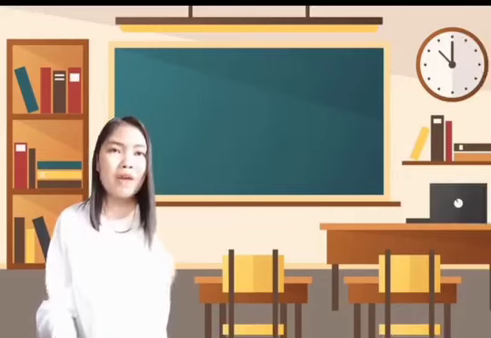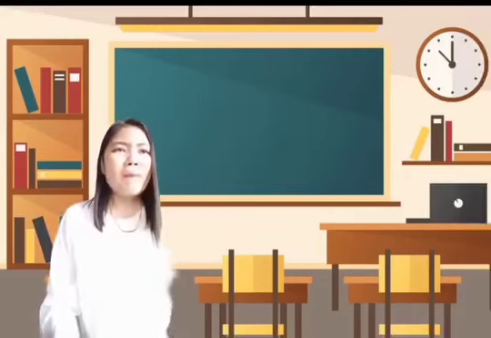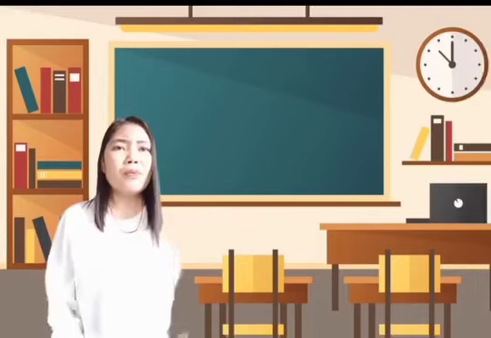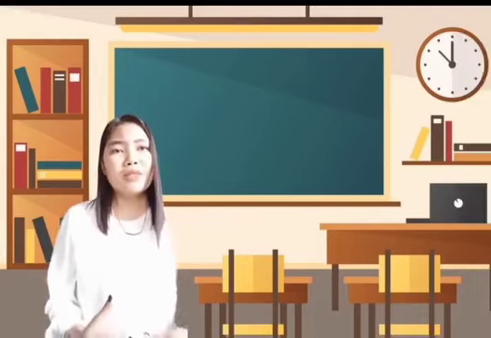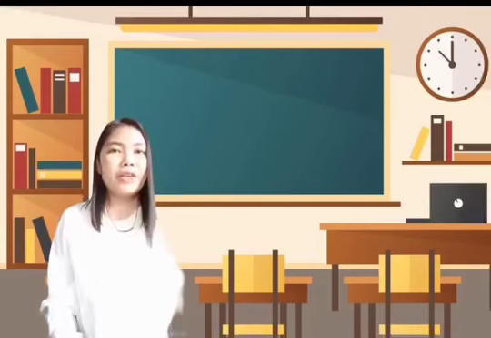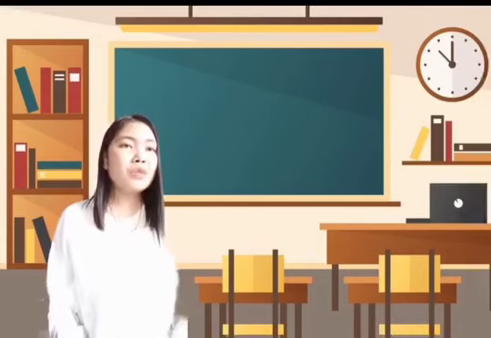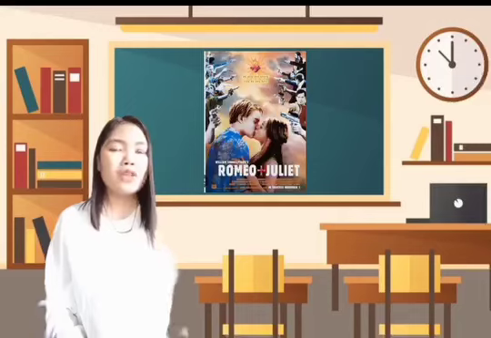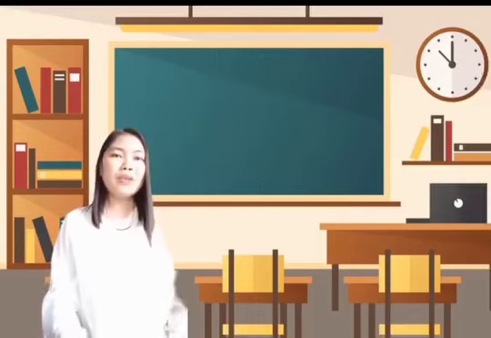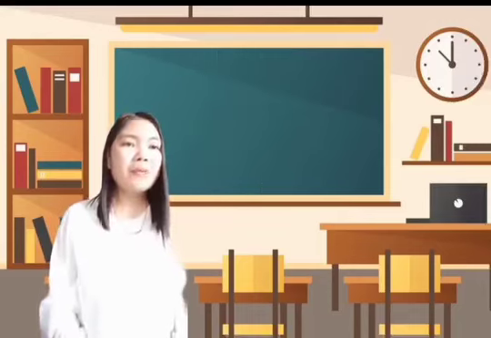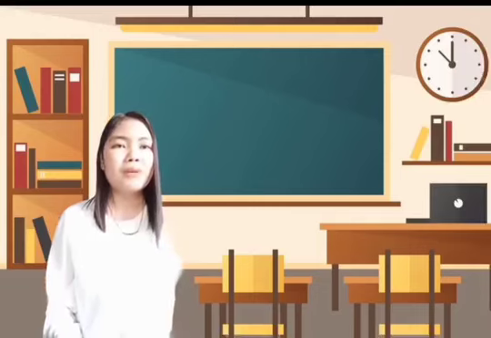Good job, everyone. Can you mention a piece of work of William Shakespeare? Alright, this is correct. The famous work of William Shakespeare is Romeo and Juliet. Very good, student. I can see that you have read one of William Shakespeare's works.